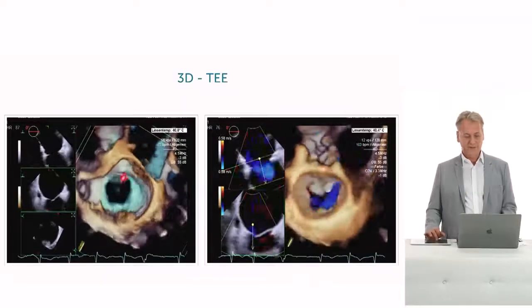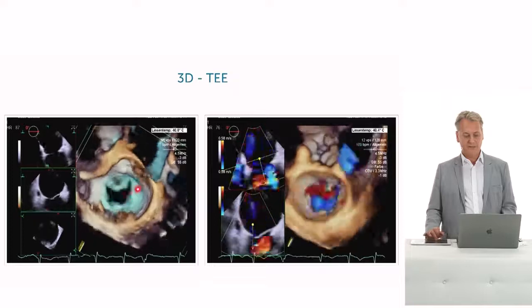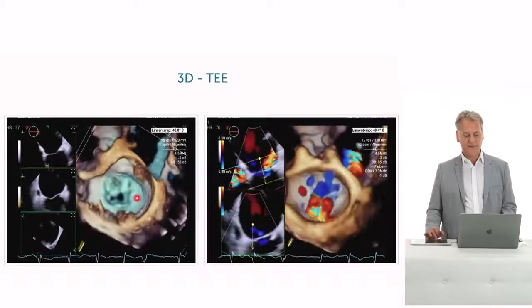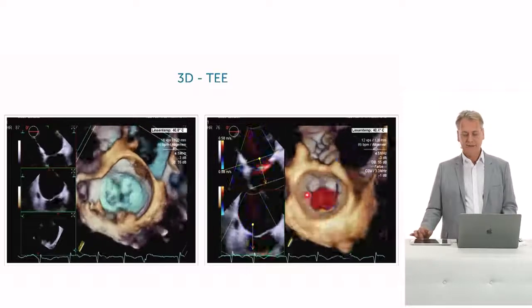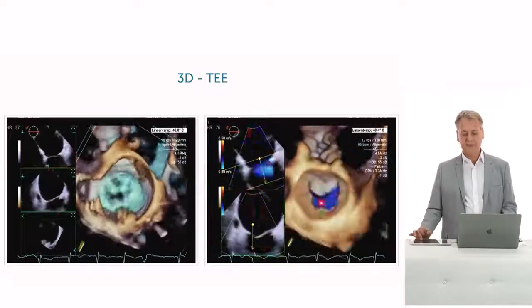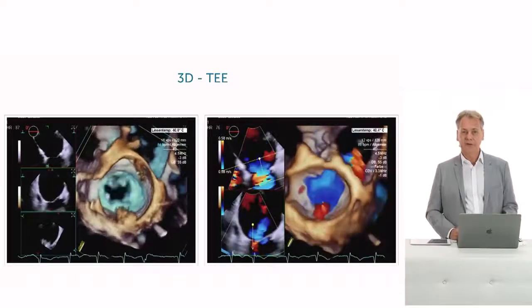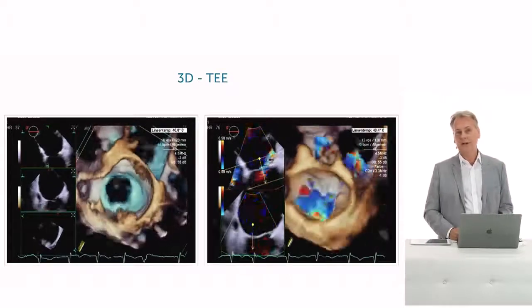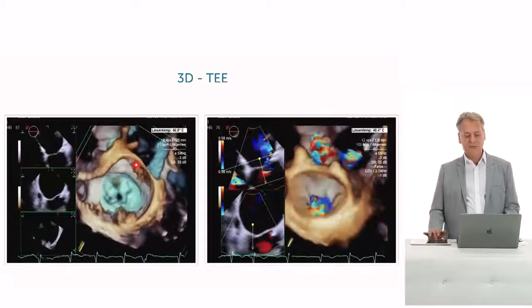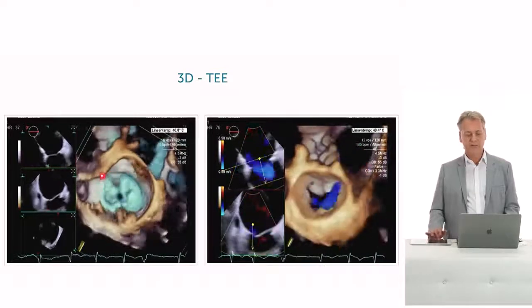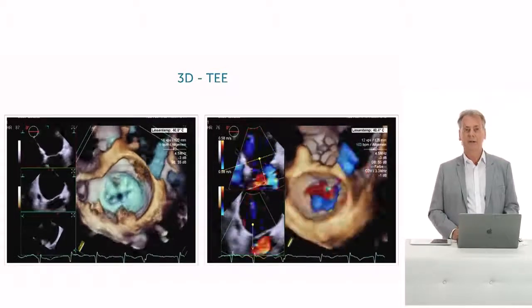You see there is a coaptation defect between the anterior and the posterior leaflet, and the regurgitant jet comes exactly from the middle region here. This is very important when deciding whether a patient is a good candidate for an edge-to-edge repair. This would be a good candidate.